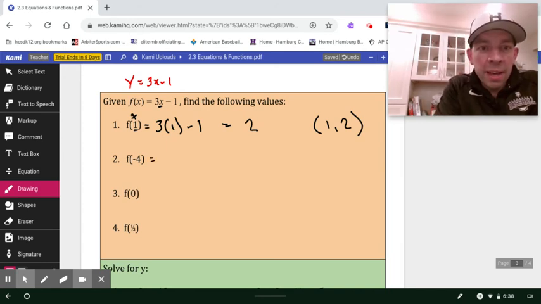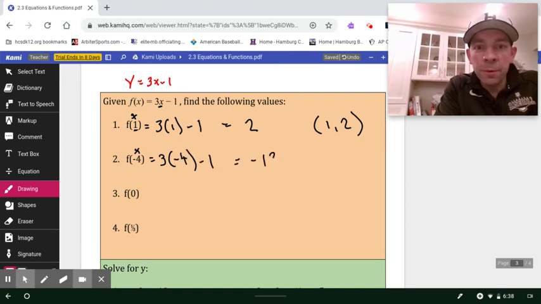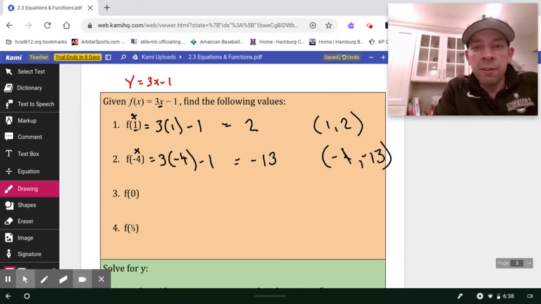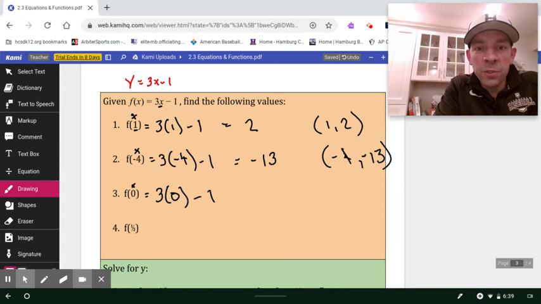Again, f of negative 4, that's an x value. So 3 multiplied by negative 4 minus 1 is going to make negative 13. So negative 4 and negative 13 is another solution, and the graph will pass through that point. What if x was 0? 3 multiplied by 0 minus 1 makes negative 1. In other words, 0 comma negative 1 is a solution.